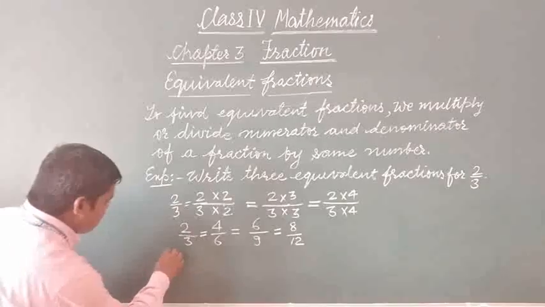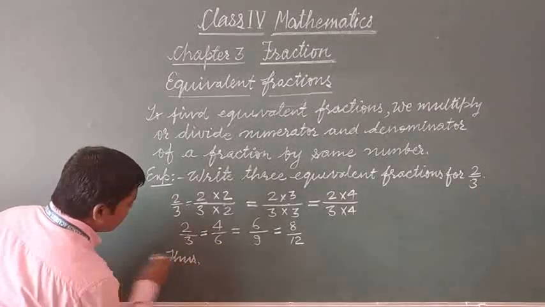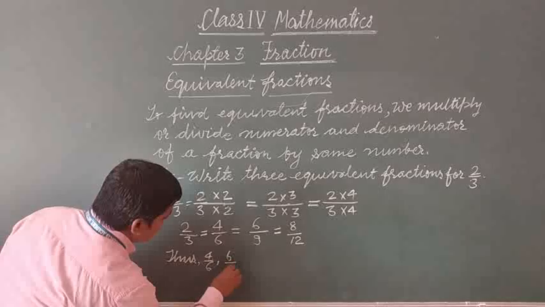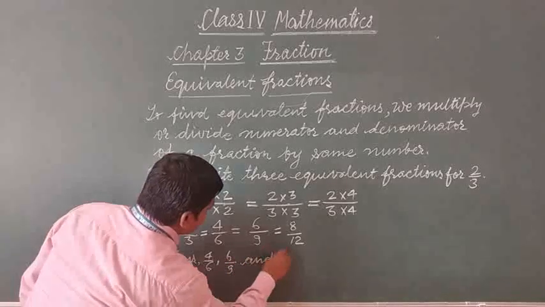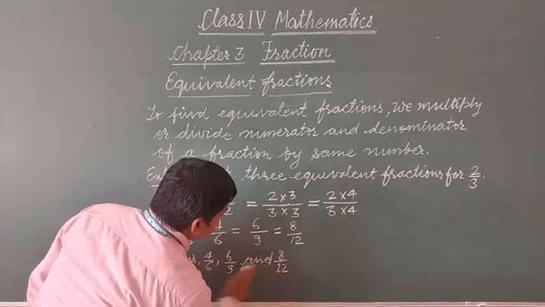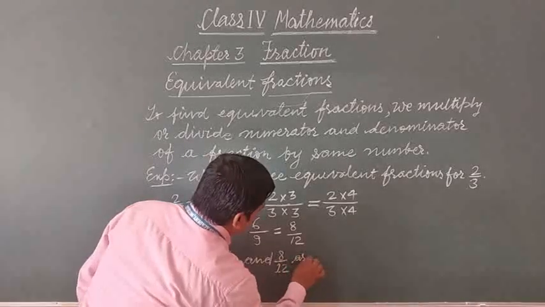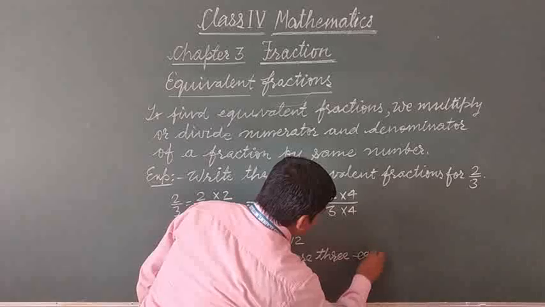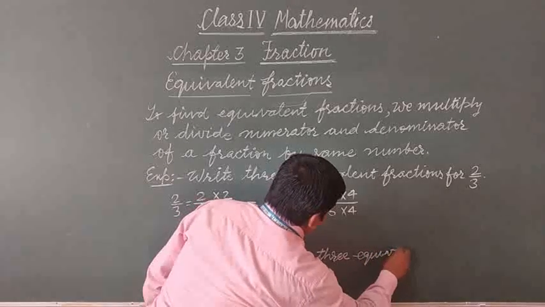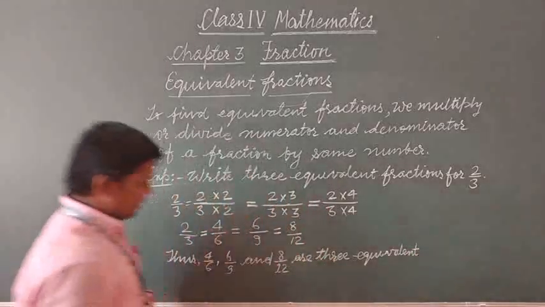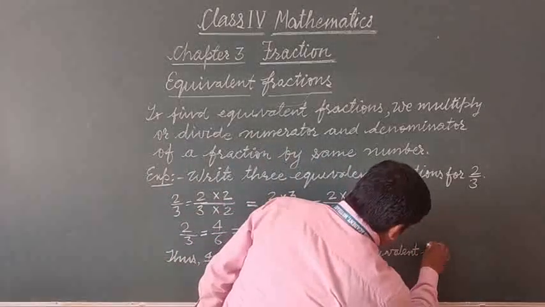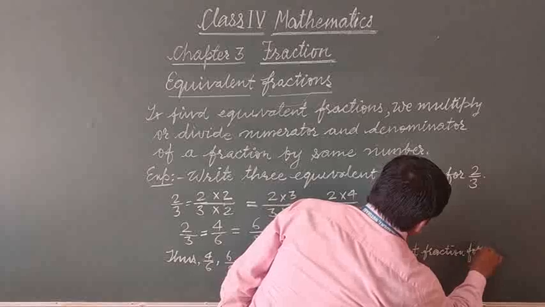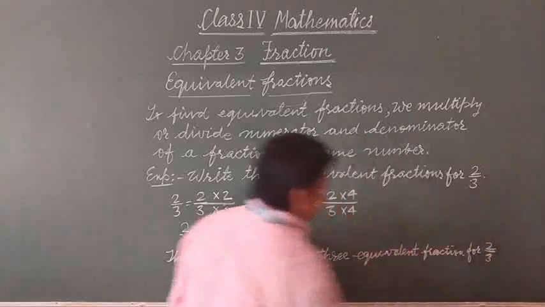So here we write 4 by 6, 6 by 9 and 8 by 12 are 3 equivalent fractions for 2 by 3.